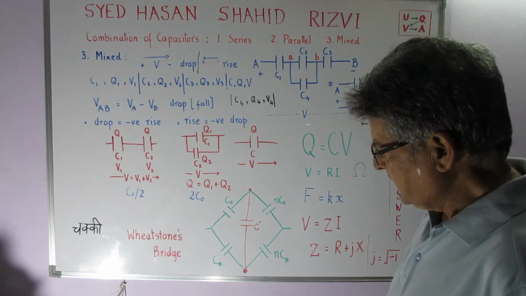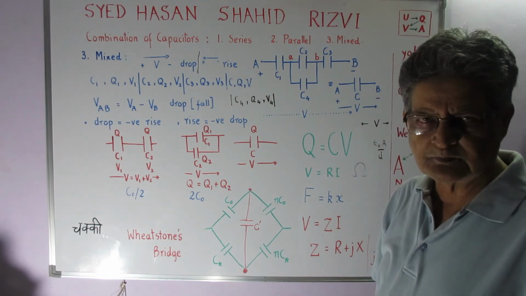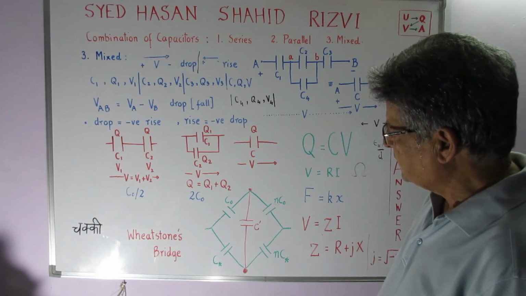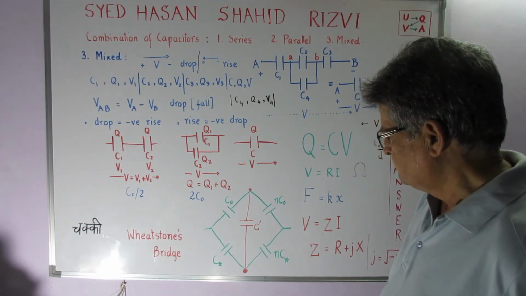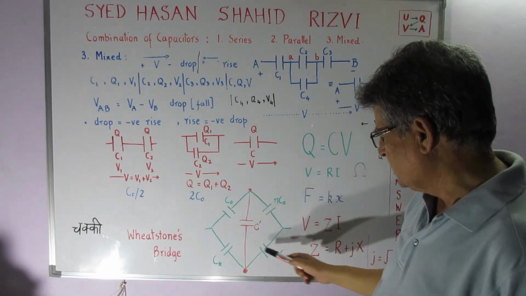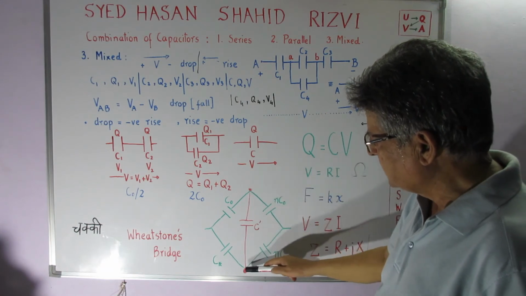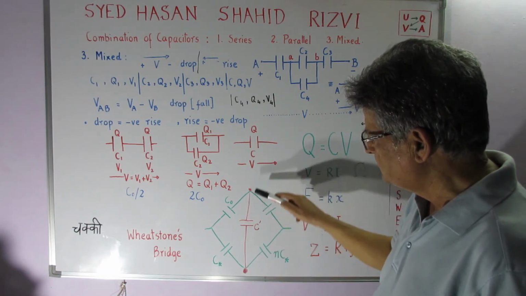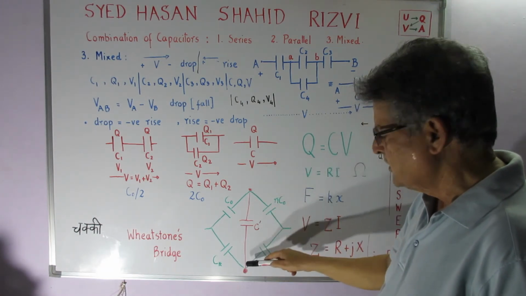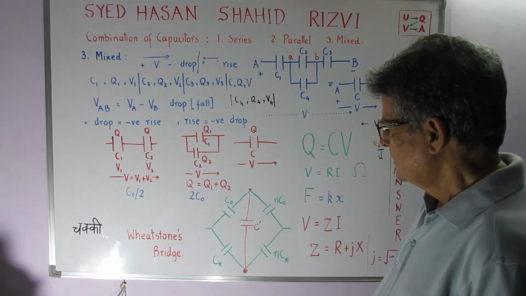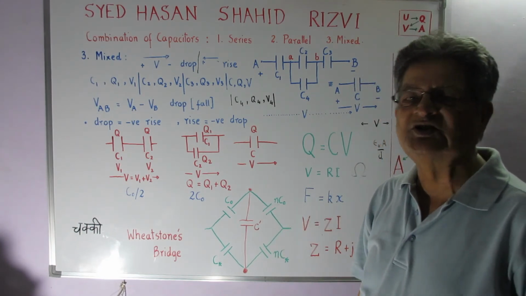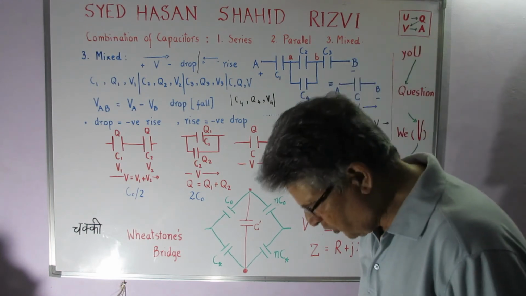So what we find is a very interesting feature. If such a combination exists, all I have to do is to show that the potential difference between these two points is equal to 0.